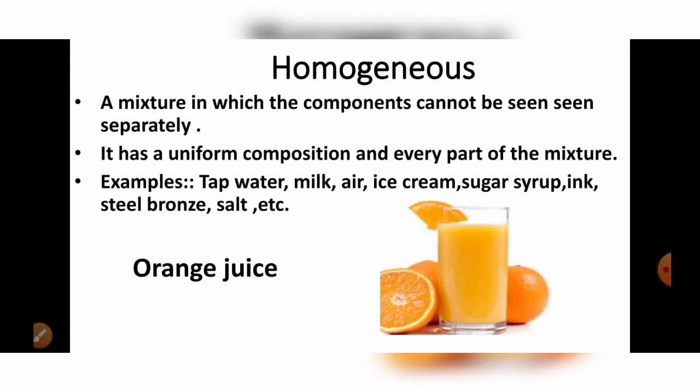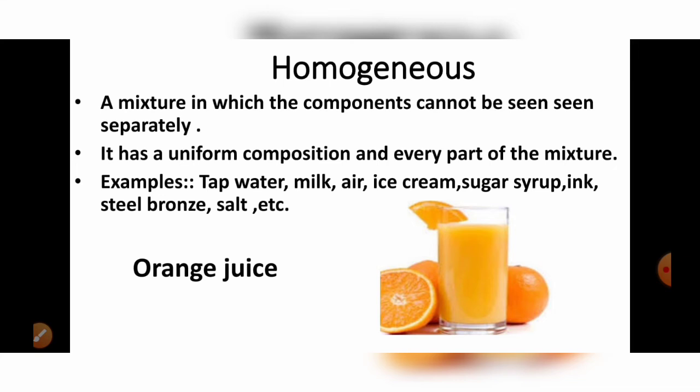It has a uniform composition in every part of the mixture. For example, you take tap water. In tap water, can you see the minerals, salts, etc.? No. In milk, can you see the protein? No. Calcium? No. Okay, in air can you see and separate nitrogen, oxygen, like that?